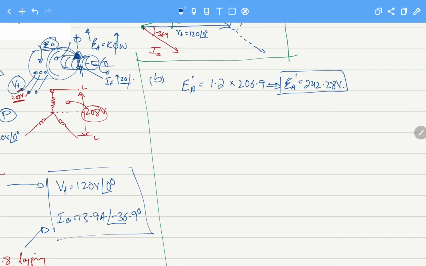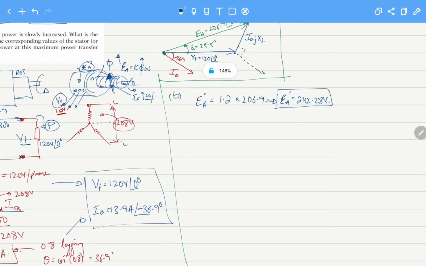Now, for the synchronous machine, this is our per phase equivalent. This is EA and this is VT, and here we have a load connected. It is consuming a certain value of P at our rated terminal voltage.